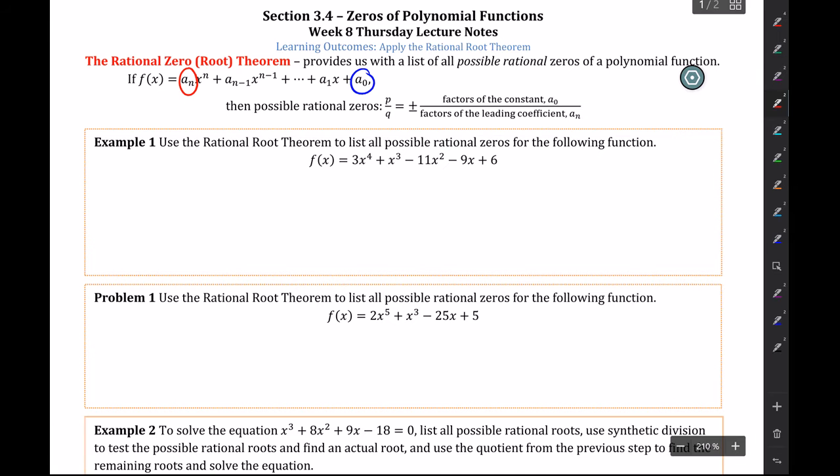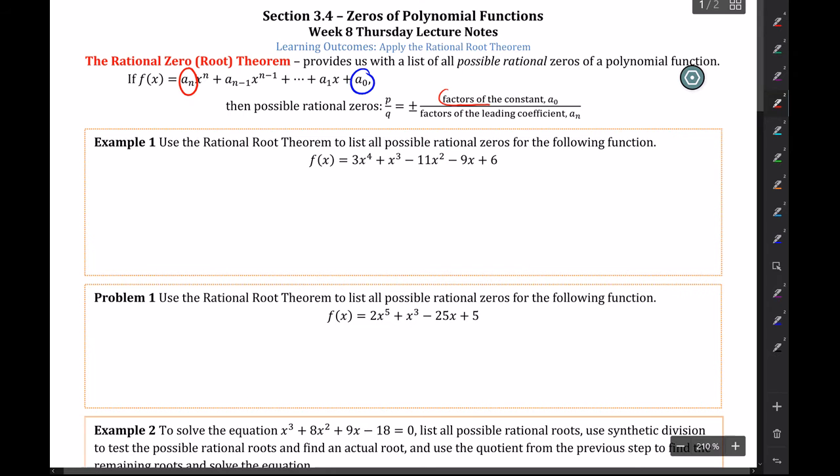So it says that the possible rational zeros are of the form p over q, where p is a factor of a naught and q is a factor of the leading coefficient a sub n. These are all the factors of the red number, and these are all the factors of the blue number, and you have to multiply by plus or minus 1.